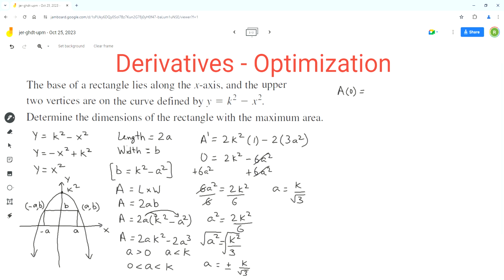So we'll sub in the a value as 0 in this area equation. So I get 0. Now we can calculate the area at the value we got, k over square root 3.